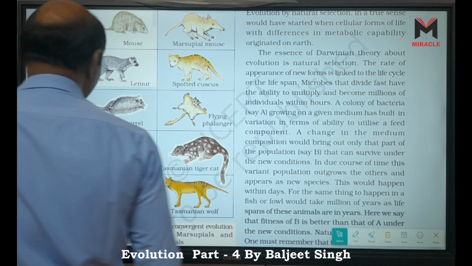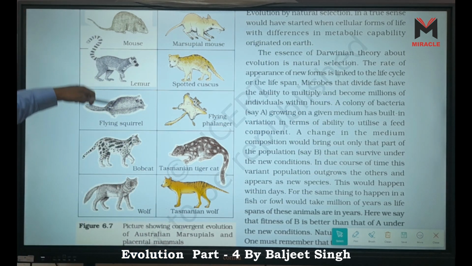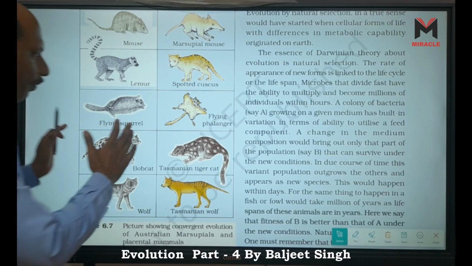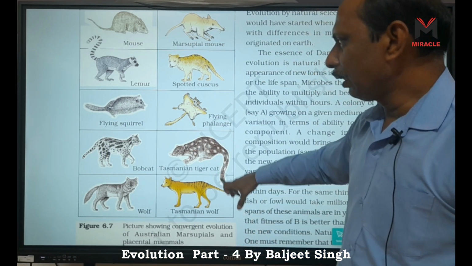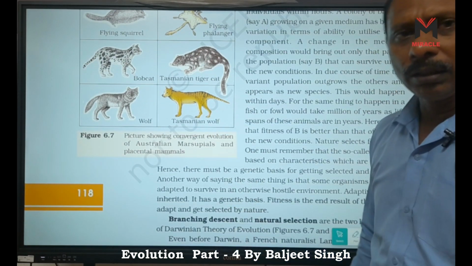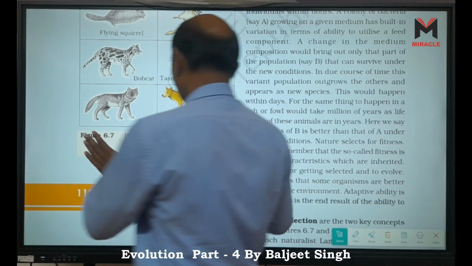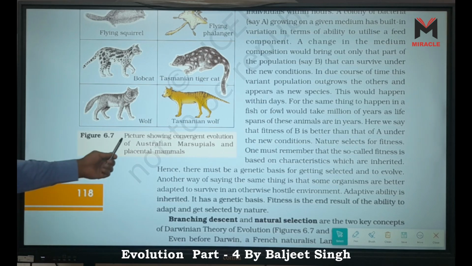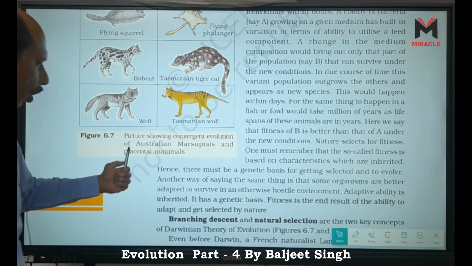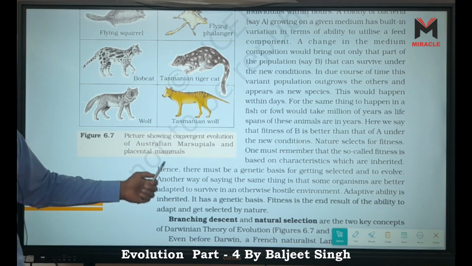So they show similarity, that is flying squirrel and flying phalanger, because their phenotype is the same, their external features or their morphology is the same, right? We can say this one is convergent evolution because their origin is from different groups. Picture showing convergent evolution of Australian marsupials and placental mammals.